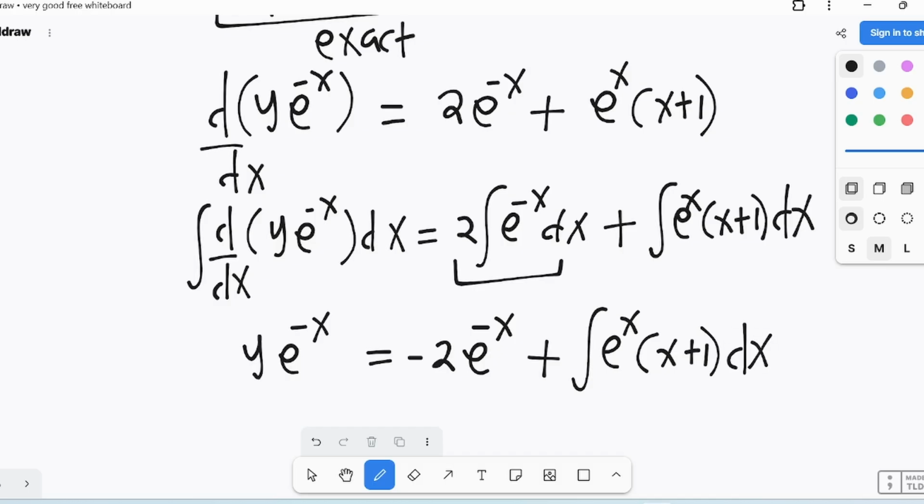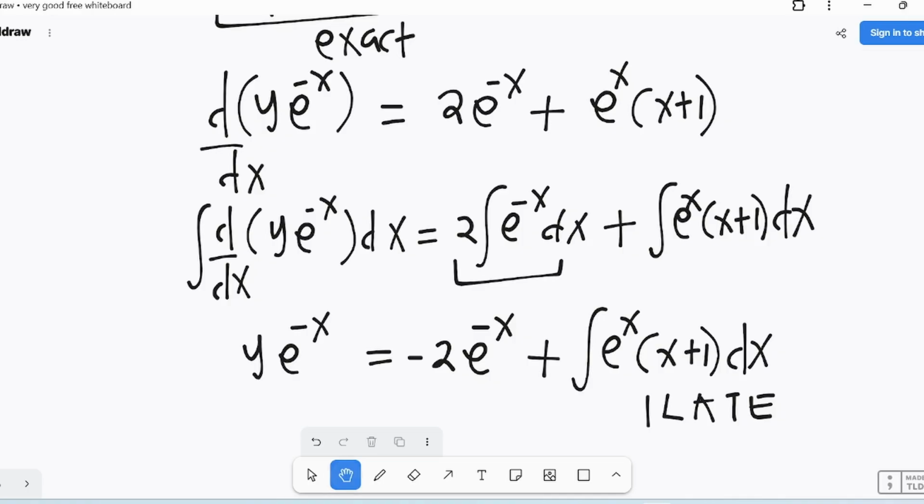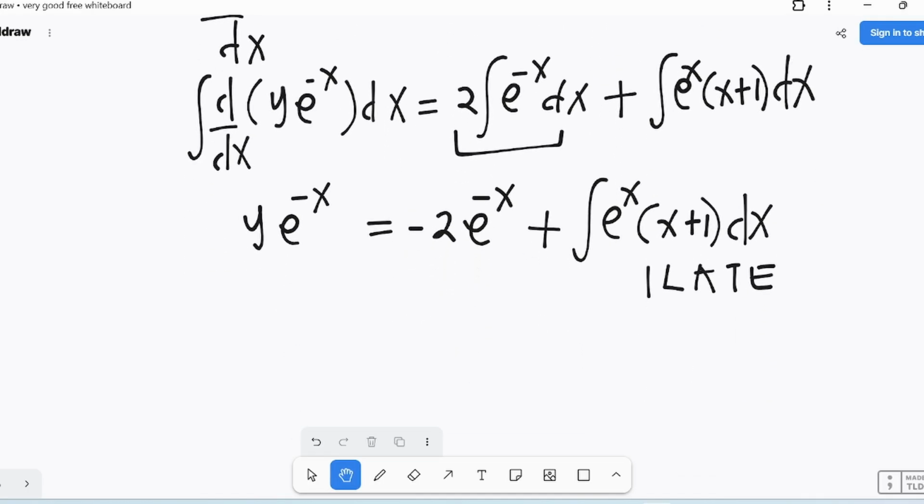We realize that it goes for integration by parts. If it goes for by parts, we use what we call the ILATE acronym. So ILATE helps us to identify u.